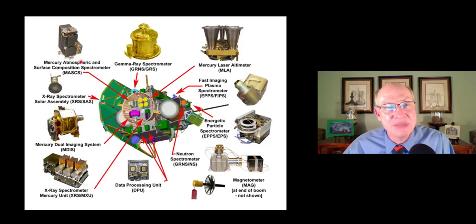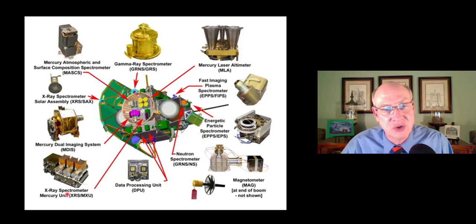There was an atmospheric and surface composition spectrometer. This was a device that breaks light into its component colors in order to see what the surface of Mercury was made of, and what Mercury's very thin atmosphere that I had mentioned earlier was composed of. There was an X-ray spectrometer to look at X-rays being released from the surface. There was an imaging system that allowed us to take high-resolution pictures of the surface of Mercury.